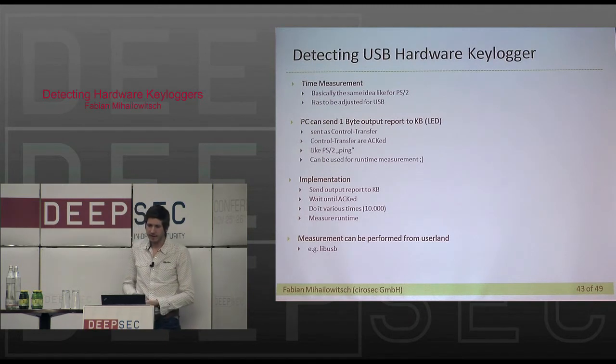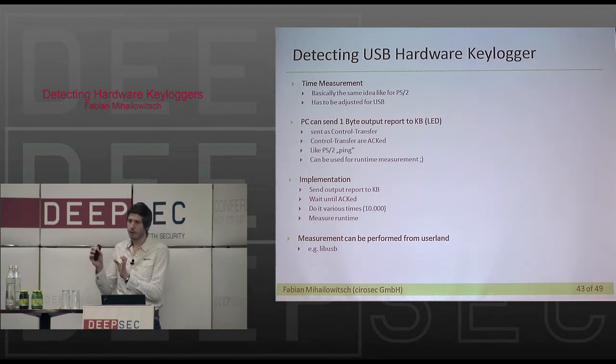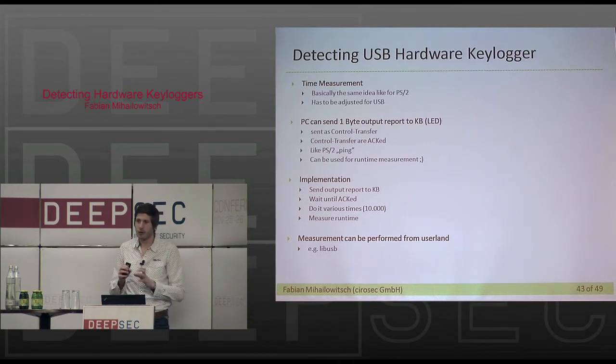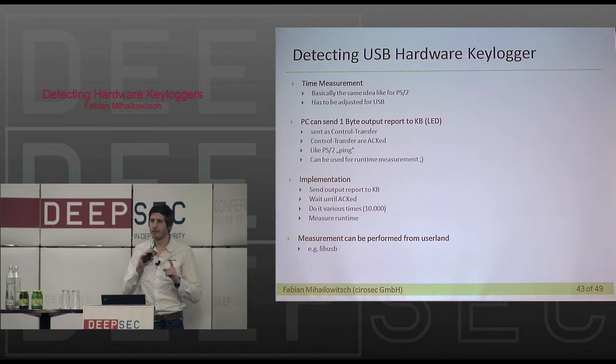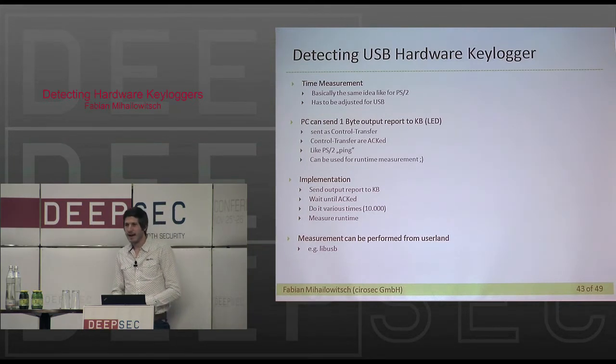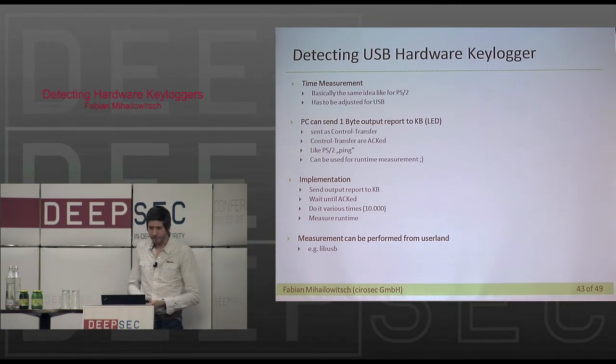But the cool thing is, I said the 1-byte output report the computer sends to the keyboard is sent as a control transfer, and control transfers are acknowledged in both directions. That means we can send data that is acknowledged, which is basically like a ping again, which we can use. So we can apply the PS2 techniques to USB as well.